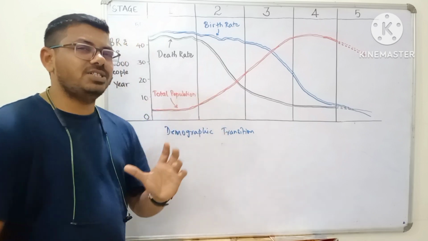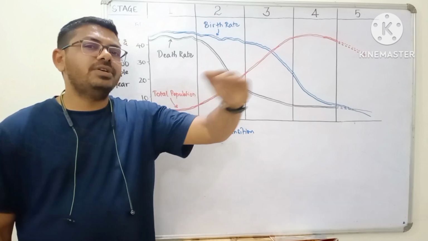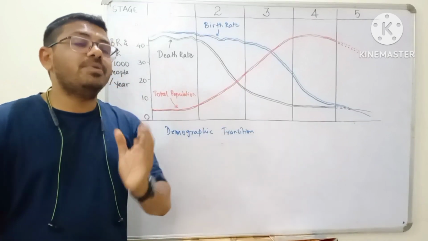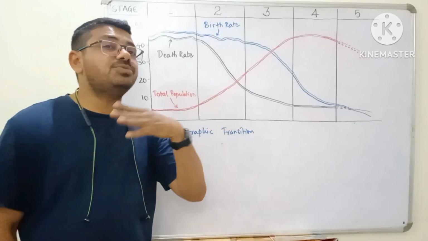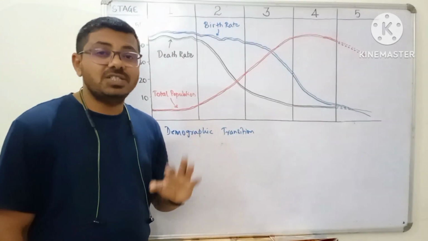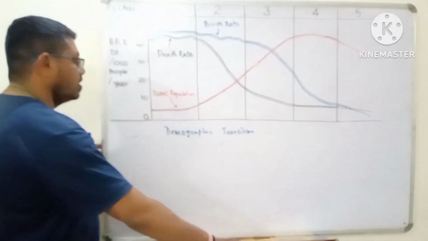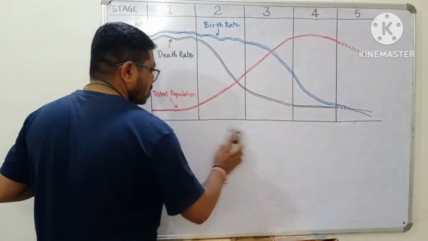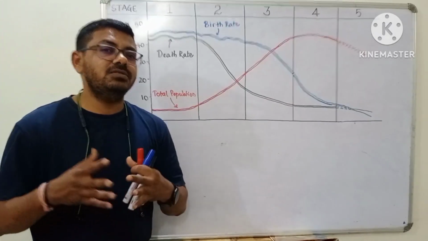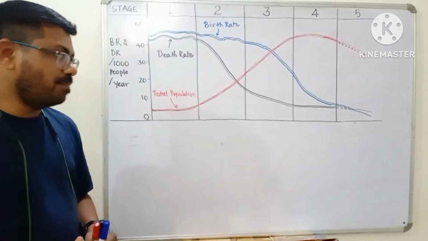So demographic transition model actually talks about a very long duration of a country where population has been changed. So what kind of change has been brought and what could be the possible reasons for the change in population, that we can study through demographic transition model. This is also called DTM. Okay, so demographic transition model talks about the transition or change in population structure over a period of time.